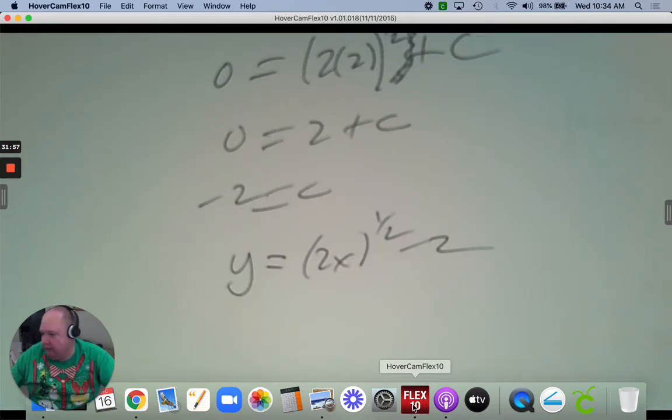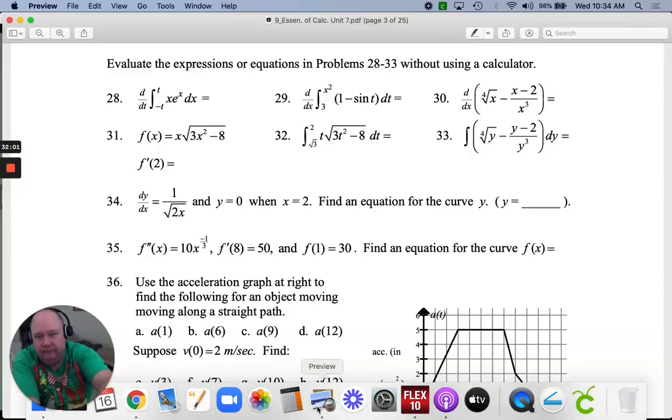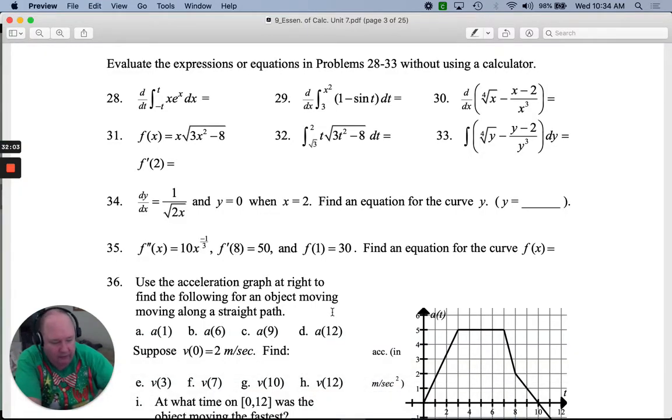All right, number 35. In number 35, the second derivative is 10x to the negative 1/3. The first derivative at 8 is 50. And f at 1 equals 30.